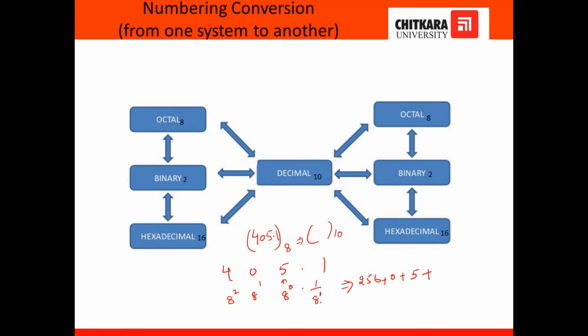Here I am having 1 by 8, so just divide it. 1 divided by 8 is 0.125. So I take the value 0.125 and add all the other values, that is 256 plus 5, which is equivalent to 261.125, that is base 10.